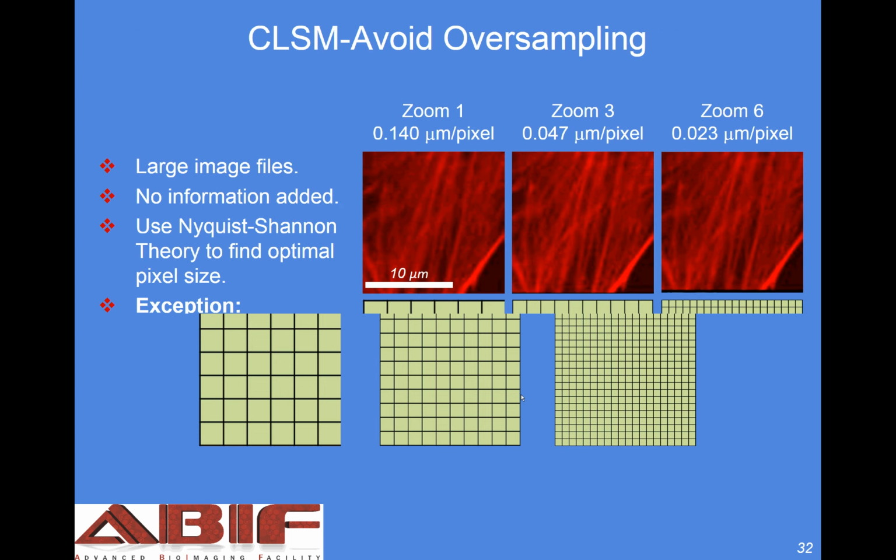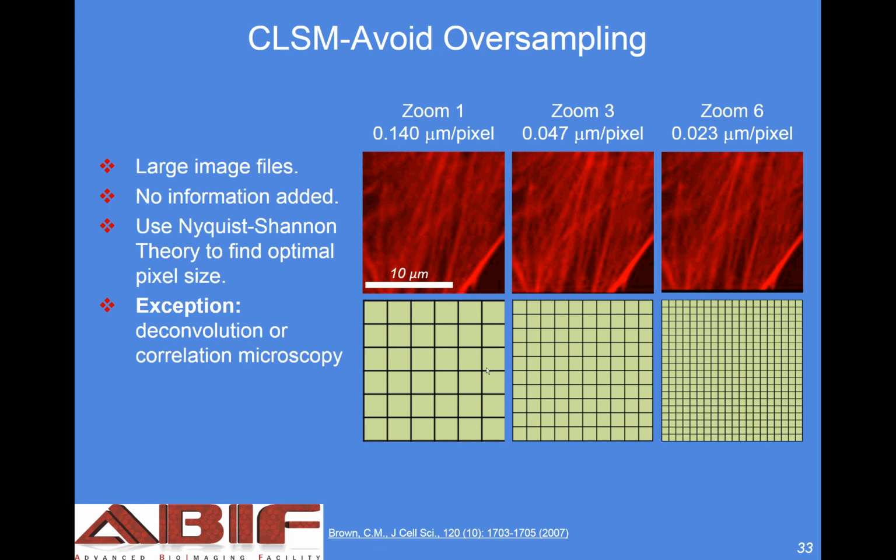Now the danger with having all that flexibility is what's called oversampling, where you may zoom in a lot to think you're going to get the best resolution image possible. But you can see from these three images here of actin filaments that going from zoom 1 to zoom 6 doesn't really change the physical image very much. And the zoom 6 is going to be a much larger image file, and not a lot of information will be added.